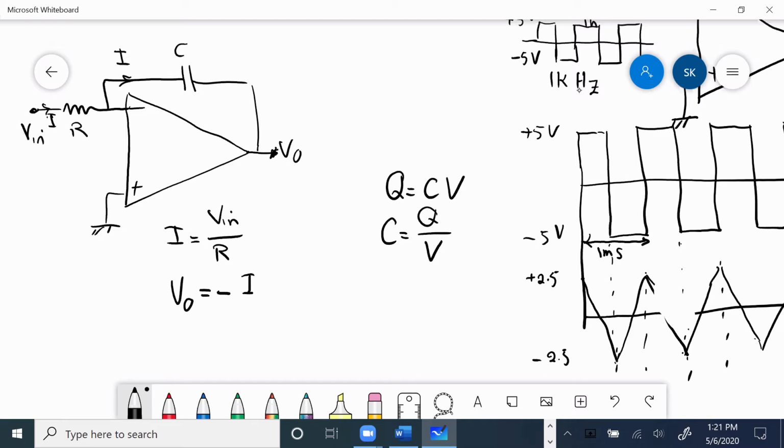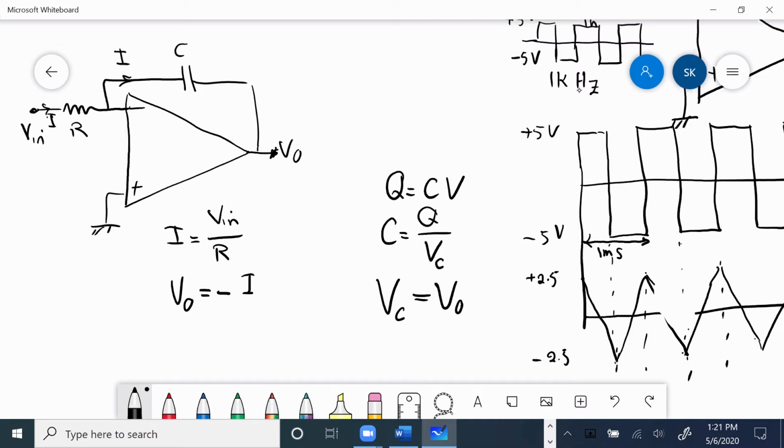Okay. I want to take this output voltage. This is voltage across C. So here V out is I, being this I, and VC being the voltage across C. In fact, VC, that is the voltage across C, is really V out.